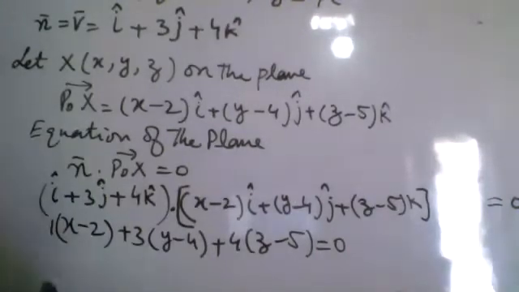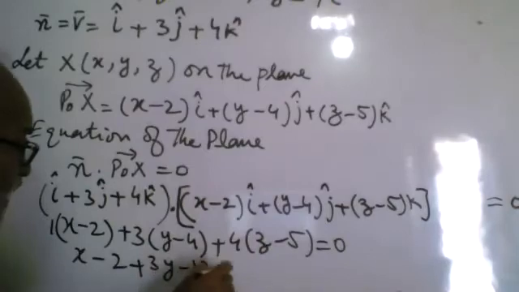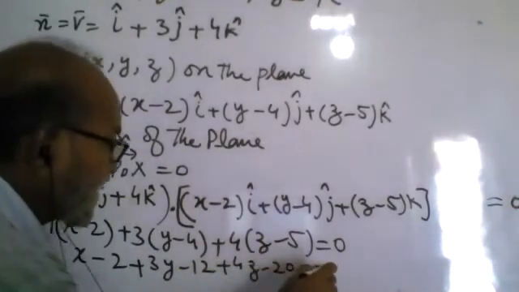Simplify this one. x minus 2 plus 3y minus 12 plus 4z minus 20 equal to 0.